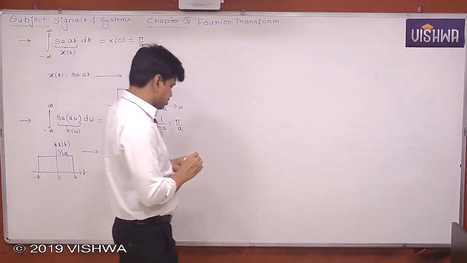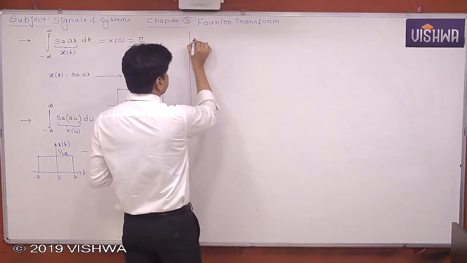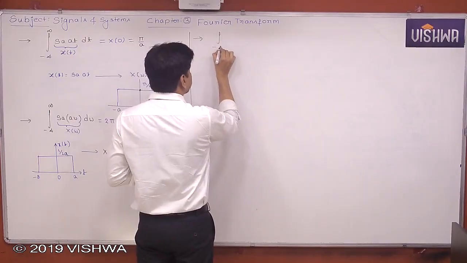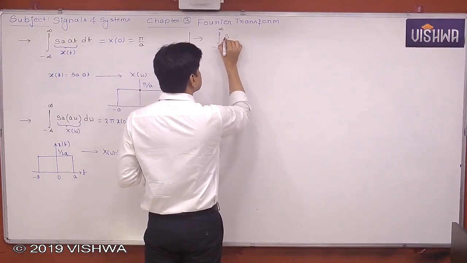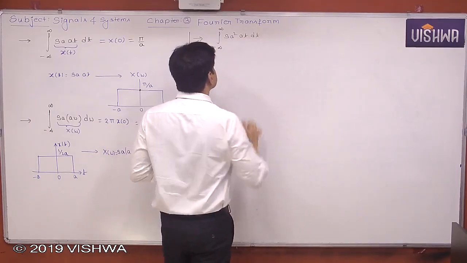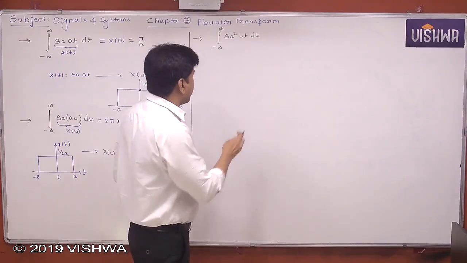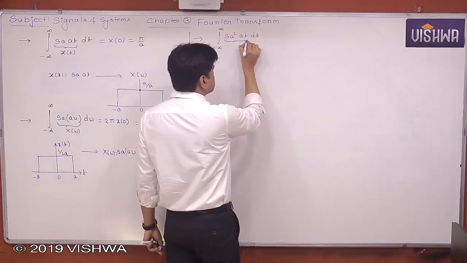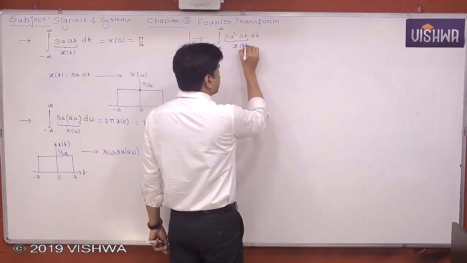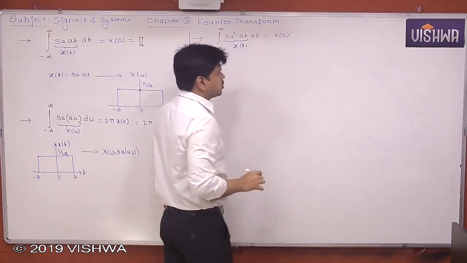Next, if I take the integral from minus infinity to infinity of sampling square at dt, here also I can take this value as x of t. Again, from the central ordinate property, this will give you X of 0.